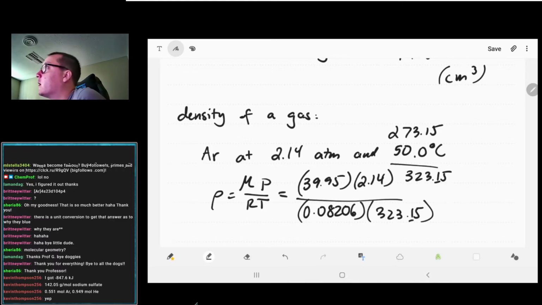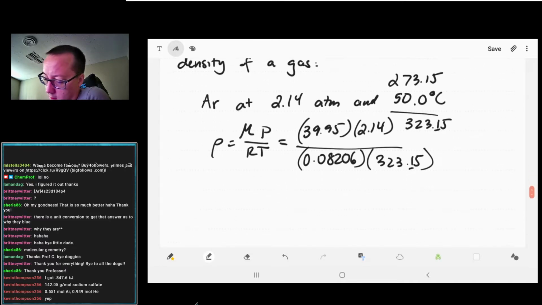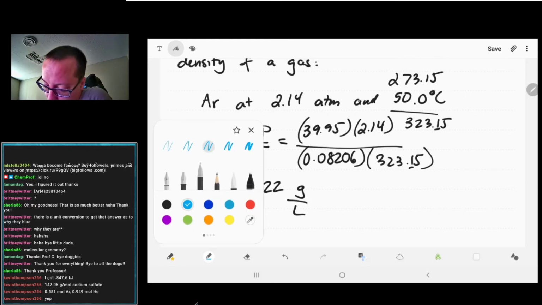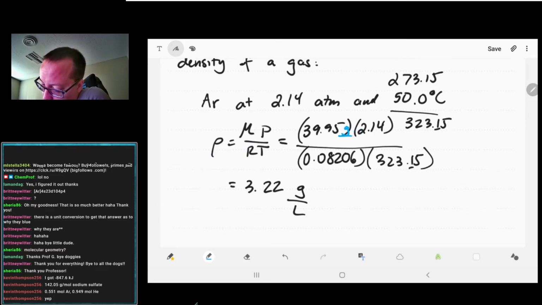Okay, cool. Plug all this stuff in. Times 2.14 divided by 0.08206 divided by 323.15. Doing all this. Apparently I get 3.22 grams per liter. Hooray! Remember, this formula will give you grams per liter. Technically, I should put the units in, but let's go ahead and see. Remember, this is grams per mole.